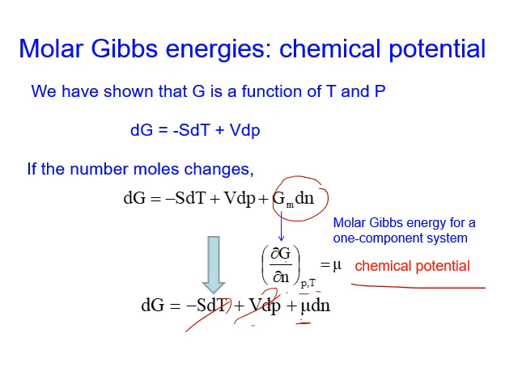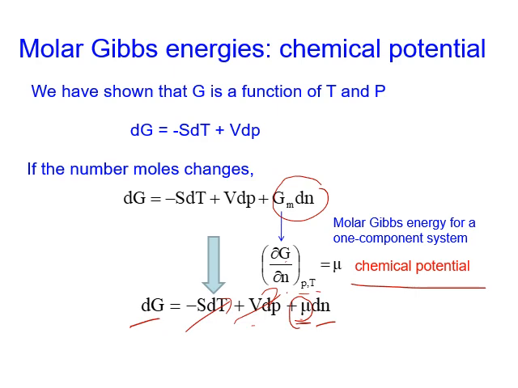Therefore the only change is the number of moles. Reactants decrease with time, products increase with time. So it's the change in the number of moles of reactants and products that changes Gibbs energy, and this change is determined by the chemical potential.